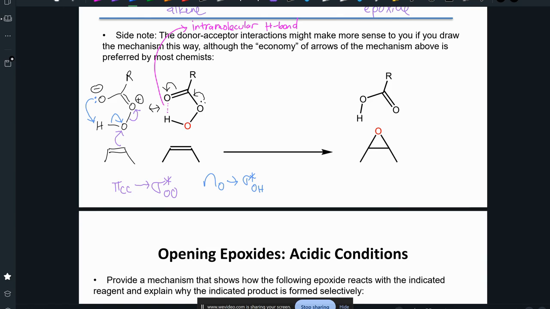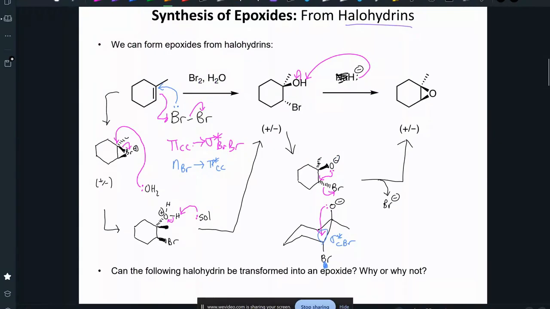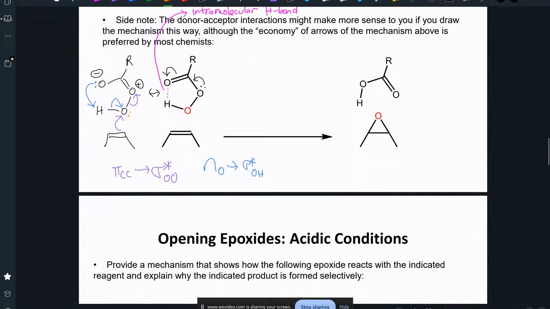And at the same time, I'm going to have a third arrow, where the oxygen lone pair on this oxygen, similar to the reaction where we form a bromonium ion. When we form a bromonium ion, pi CC attacks sigma star BrBr, while the bromine lone pair attacks pi star CC. Same thing is going to happen here. My oxygen lone pair is going to donate to pi star CC.